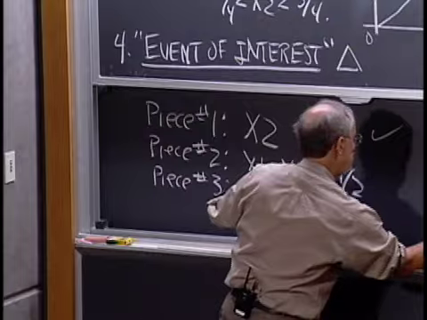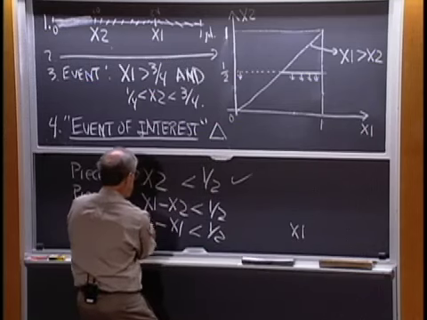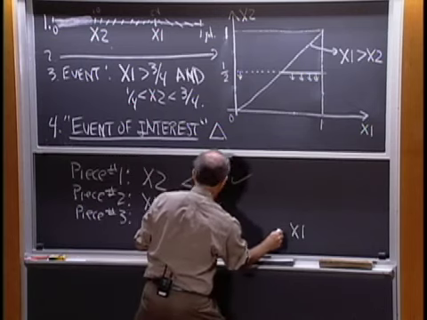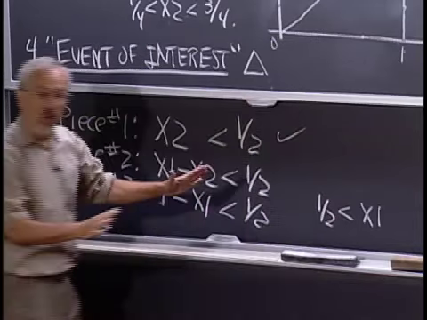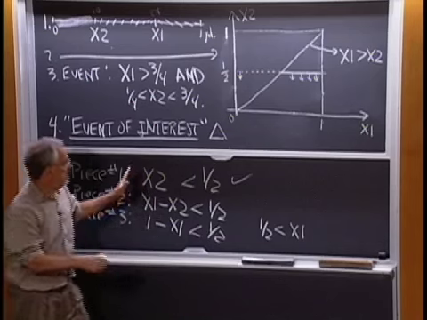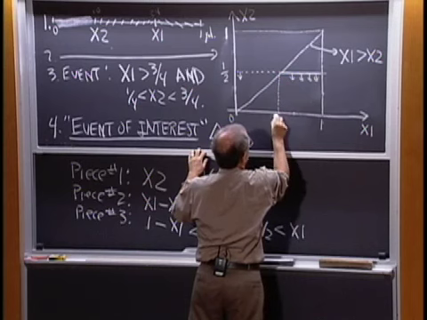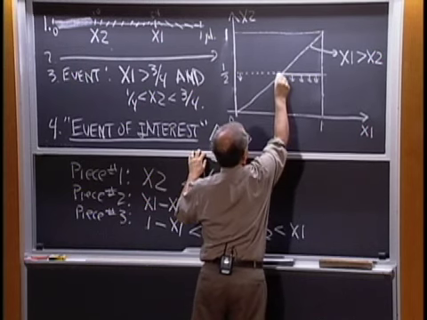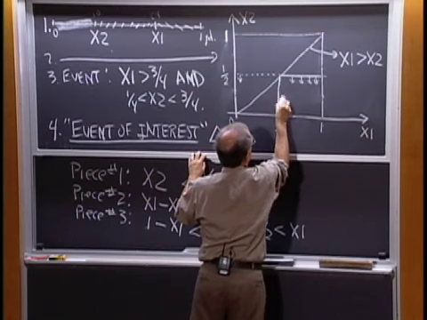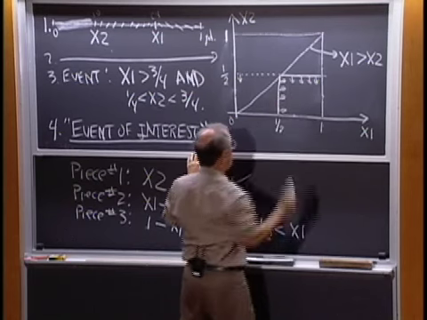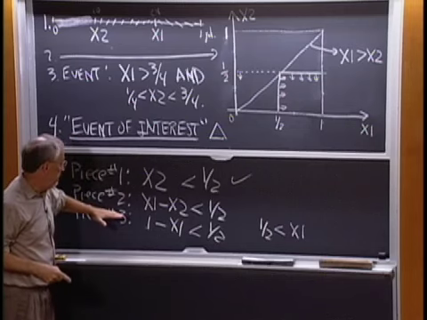We could put x1 on the right-hand side, subtract a half from both sides. So that means that x1 must be greater than a half. So here's a half right there. And x1 must be greater than a half, so we must be to the right of this line for the constraint on piece number 3 to be valid.